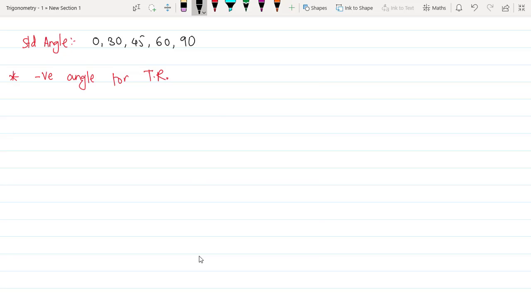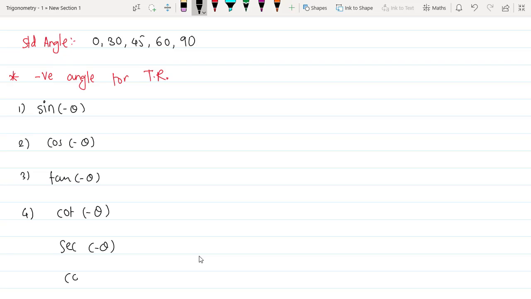First of all, sine of minus theta, cos of minus theta, tan of minus theta, cot of minus theta, sec of minus theta, cosec of minus theta. I will derive only the first three, the other three are for homework.